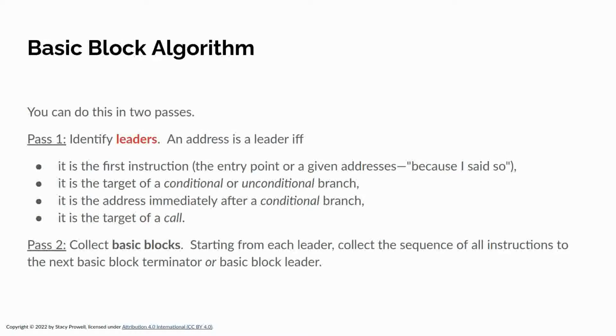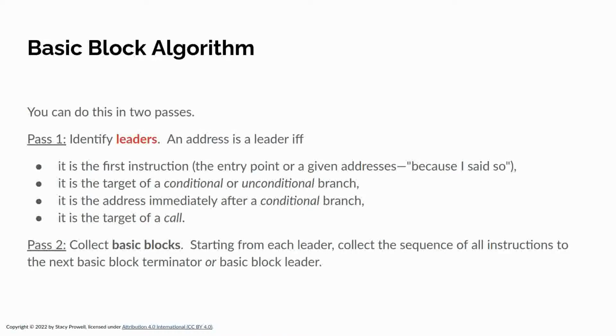And the address after that jump is a leader because that's a place where control flow might start. It could be the target of a call, or it could be the target of an unconditional branch, like a jump. So all those are places where linear control flow picks up and starts a new basic block.